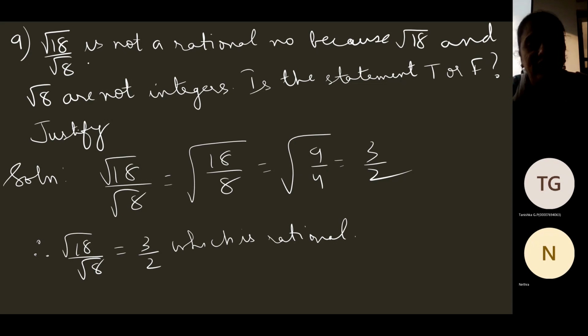You must first simplify. On simplifying, you get 3 by 2, which is P by Q. Integer by integer. So it's a rational number. So that means the given statement is false. You should write that.